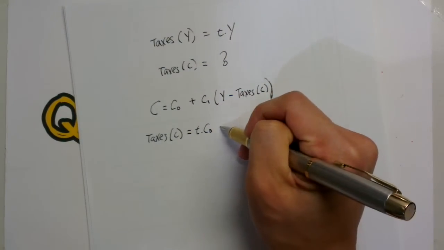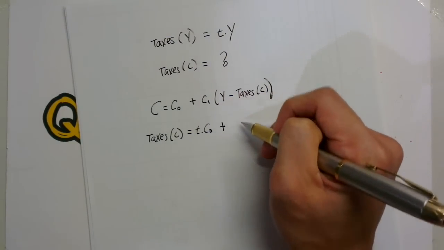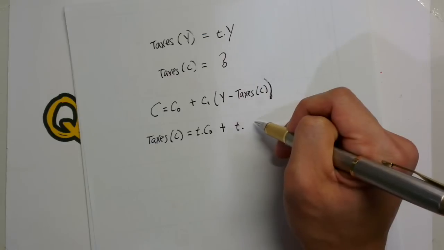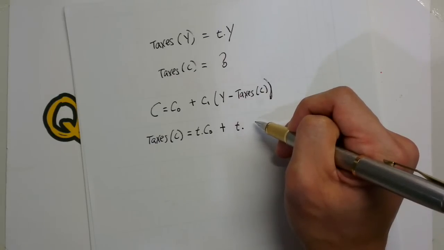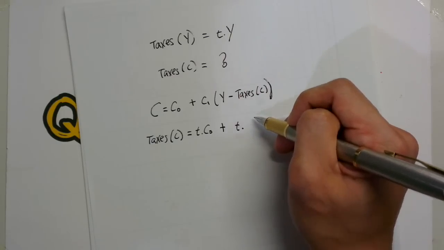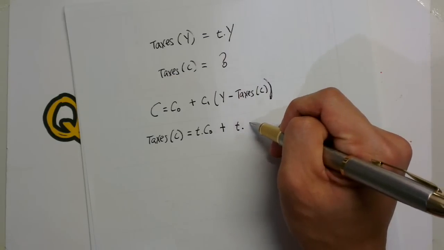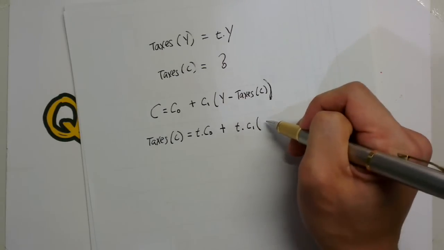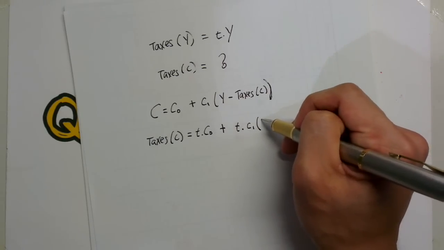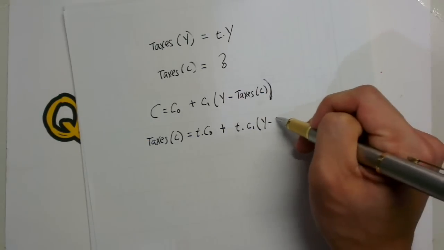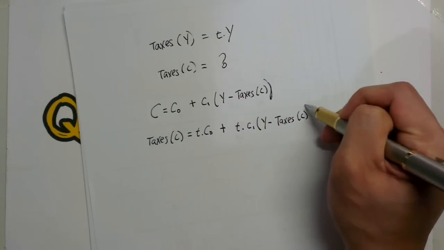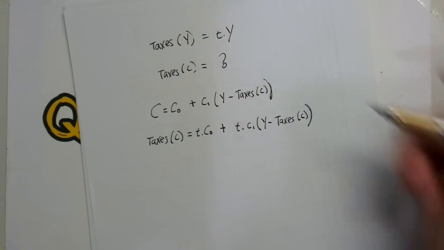Okay, and plus same thing, the tax rate multiplied by the amount of consumption that is dependent on my disposable income. So how do I calculate that? So simple. My marginal propensity to consume multiplied by my disposable income. So what's my disposable income? It's Y minus the taxes that I pay, which is a function of consumption, right?